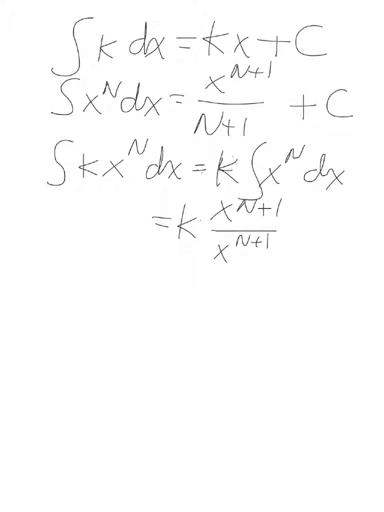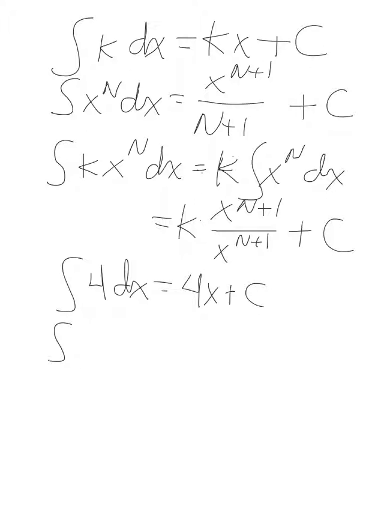All right, let's do a couple of quick examples. So if I have the integral of 4 dx, that's just going to be 4x plus c. Oops, forgot my plus c over here. Okay?